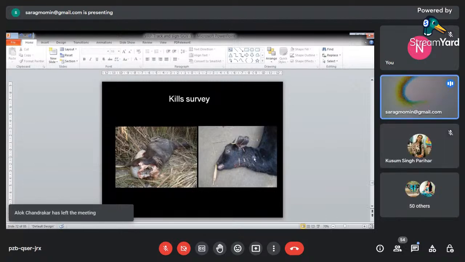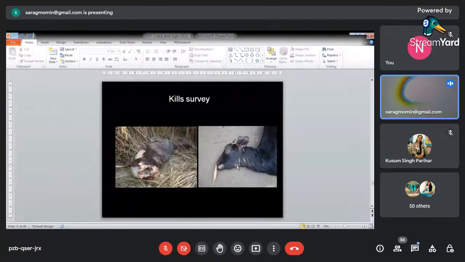These are two dead cattle. This one is a domestic buffalo, this one is a goat. Look at the size of the injury. This is almost half a foot in size.